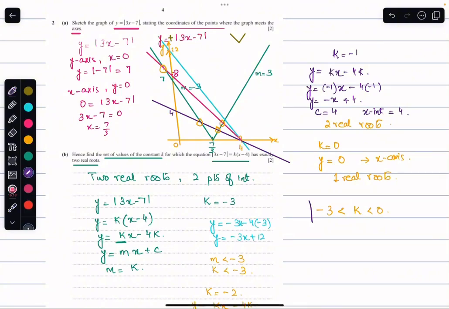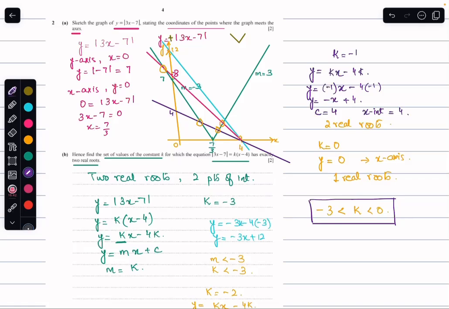I hope this video is useful to everyone, and you have learned to get the values of k. Some queries about the question: usually these functions are solved by squaring both sides.